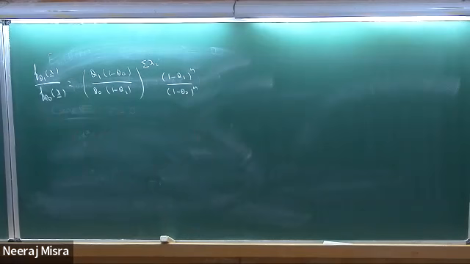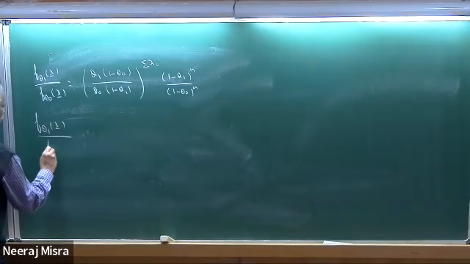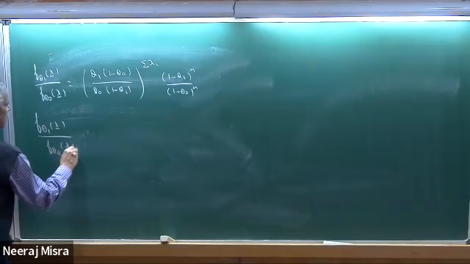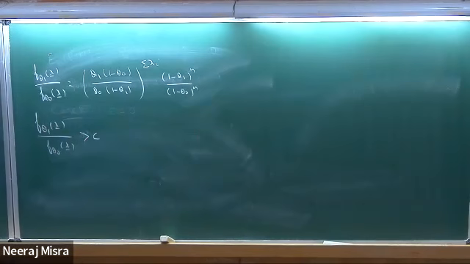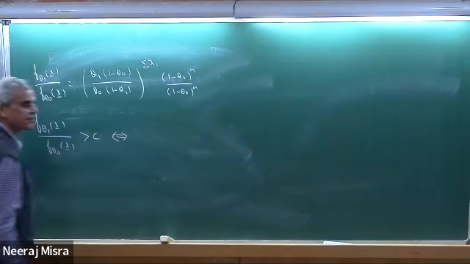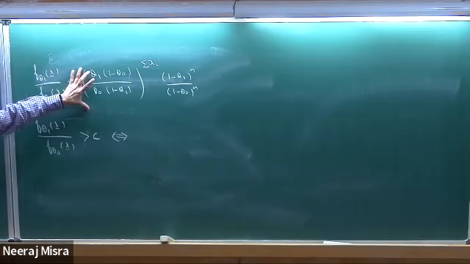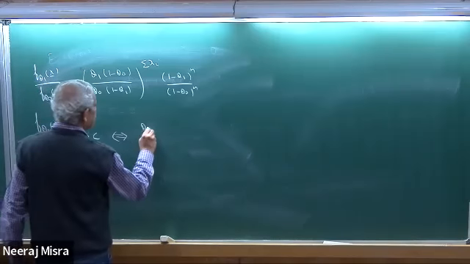Is that okay? In the Neyman-Pearson lemma, everything depends on whether this quantity is greater than c, or equal to c. When does this happen? So that means this quantity is bigger than c.